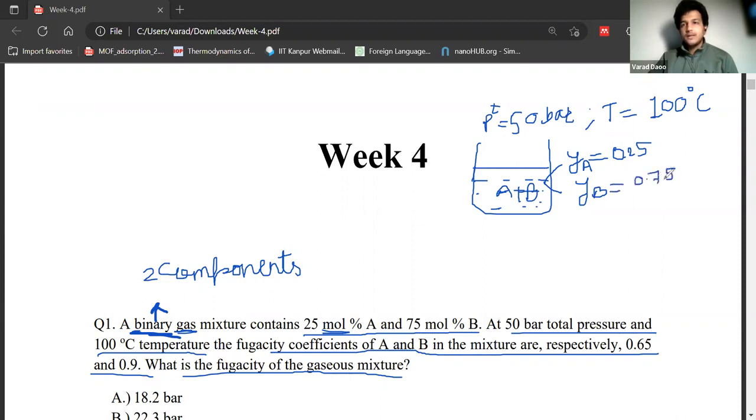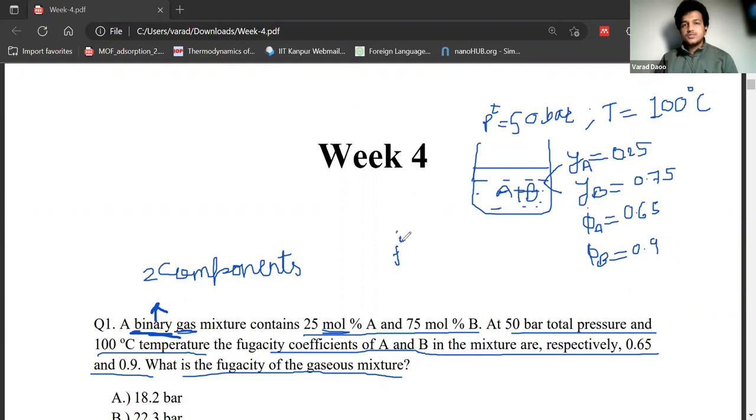We are also given the fugacity coefficients phi A and phi B: 0.65 for A and 0.9 for B.